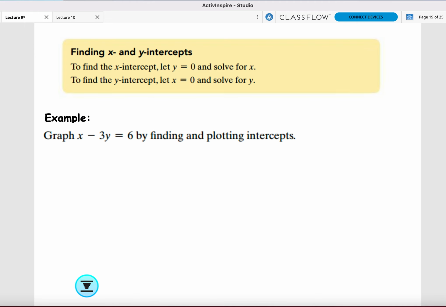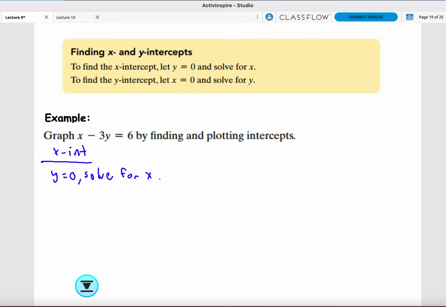So what does that mean? Finding x and y intercepts, right? To find the x-intercept, we have to let y equal 0 and solve for x. So let's go ahead and find the x-intercept first. Example: graph x minus 3y equals 6 by finding and plotting intercepts. For the x-intercept, let y equal 0 and solve for x.